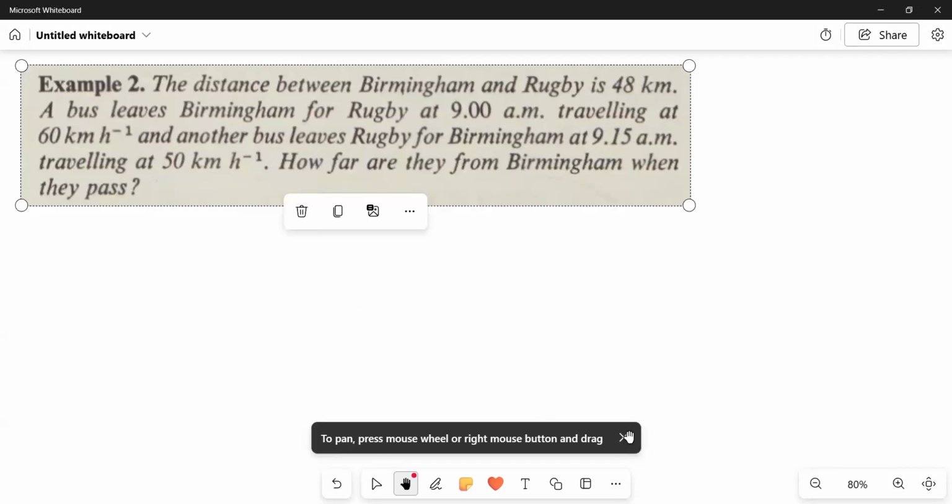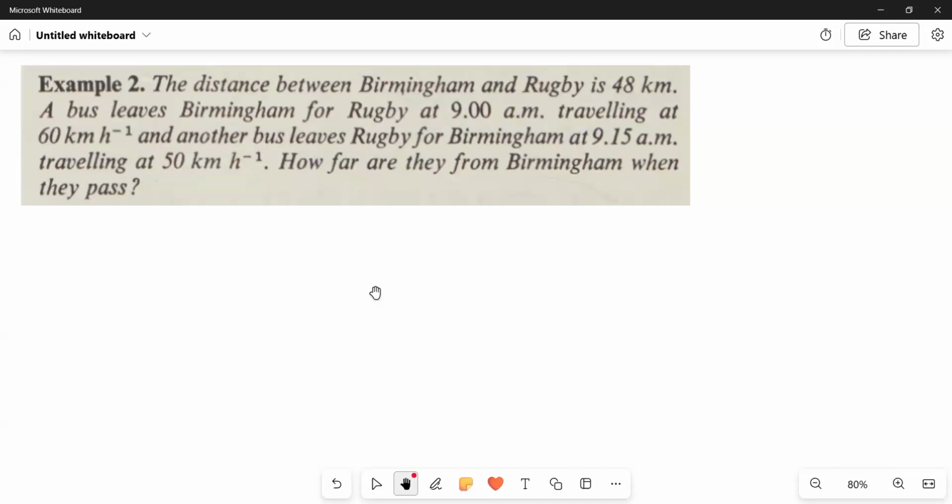So I think everybody should see that, right? Everybody seeing this? So the problem involves two buses, right? Well, this textbook was written in England, so that's why they're going to use those names there.